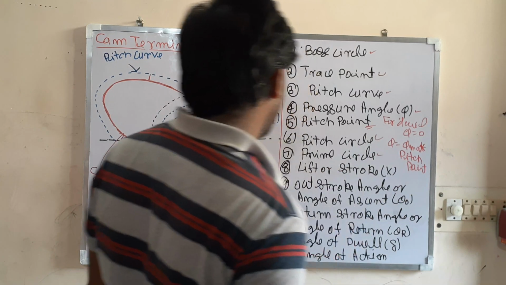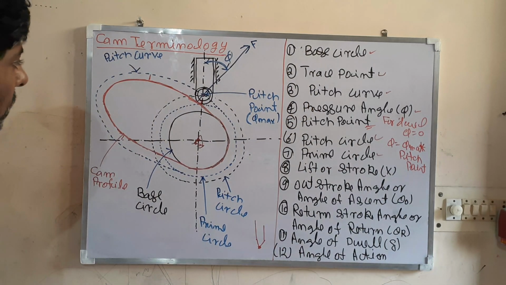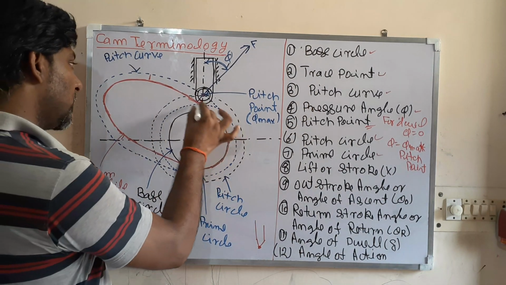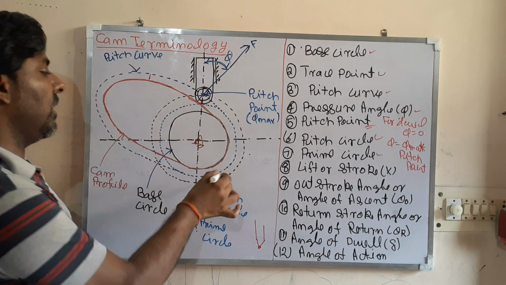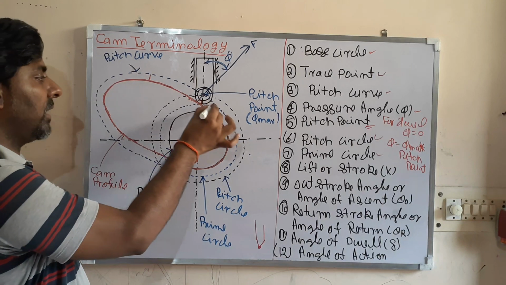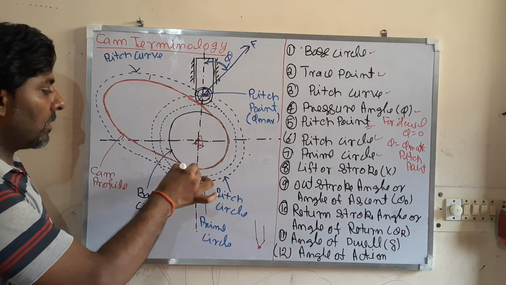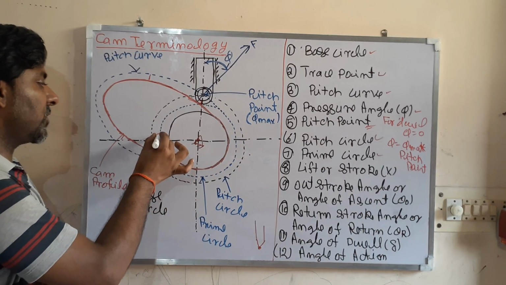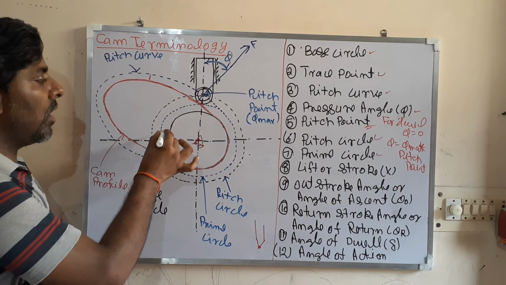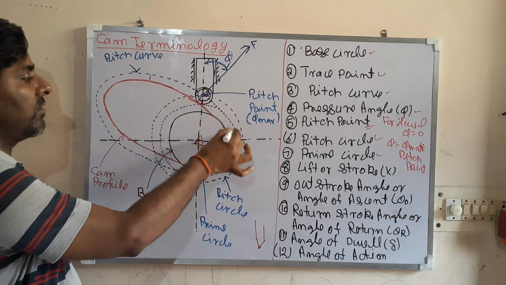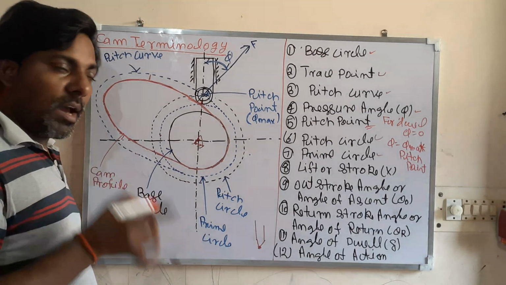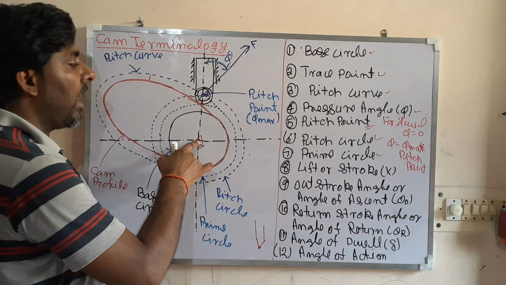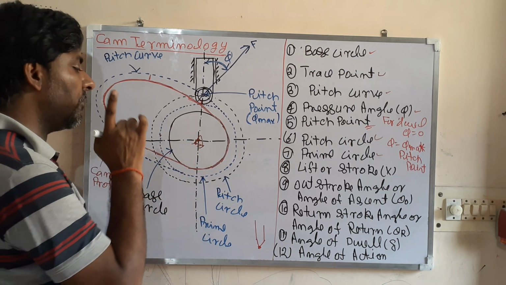Now the prime circle. So this one is the prime circle. What is the prime circle? It is the smallest circle drawn to the pitch curve, having its center same as the center of rotation of the cam.